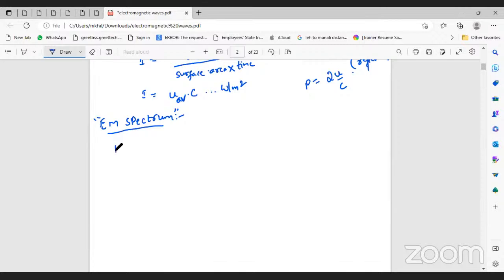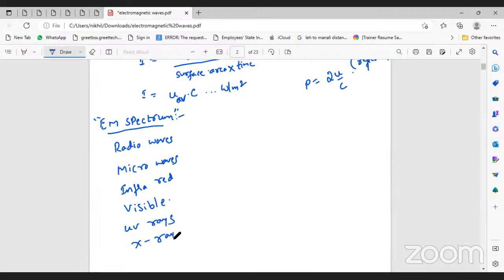So the very highest wavelength is radio waves. Radio waves have the highest wavelength, then microwaves. Please remember this order: radio waves, microwaves, then infrared, then visible, then UV rays, then X-rays, then gamma rays.